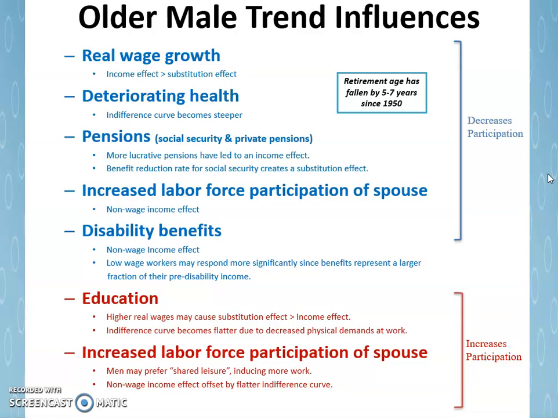However, once you get past that full retirement age, 67, you can work as much as you want. There is no benefit reduction rate. So this really would only apply to a small subset of the older male population that are in that period of early retirement.